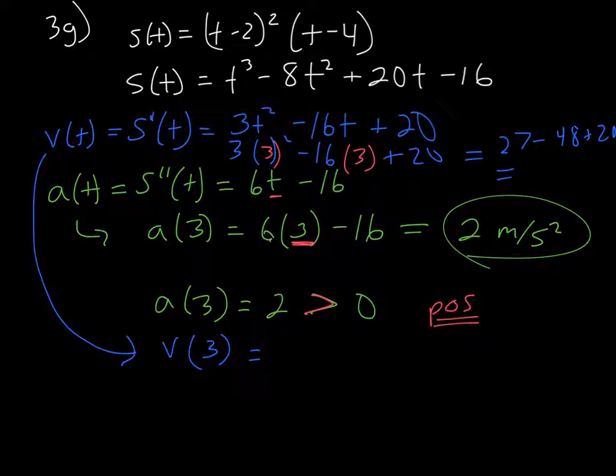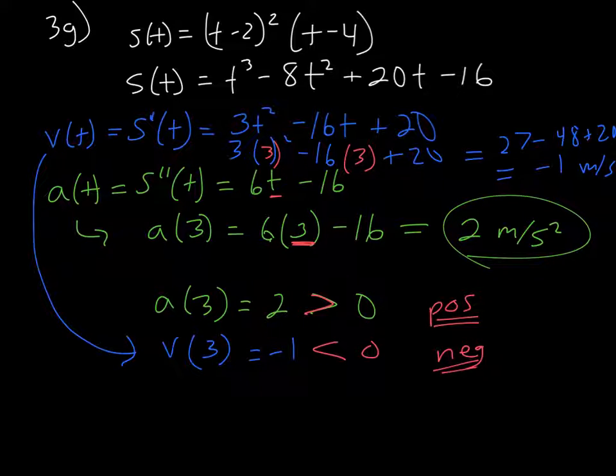I'm trying to do this in my head. So I've got 47 minus 48, which gives a negative 1 meter per second. That is less than 0, which is negative. So my conclusion is that velocity is negative and acceleration is positive.